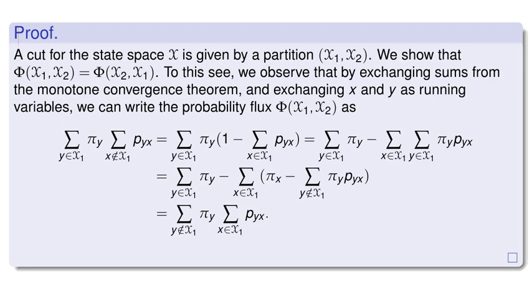The first and second terms cancel out, leaving us with the sum over y not in script X1 of pi_y times the sum over x in script X1 of P_yx. Hence the result. The core idea is that the net flow into a set must equal the net flow out of it in steady state.